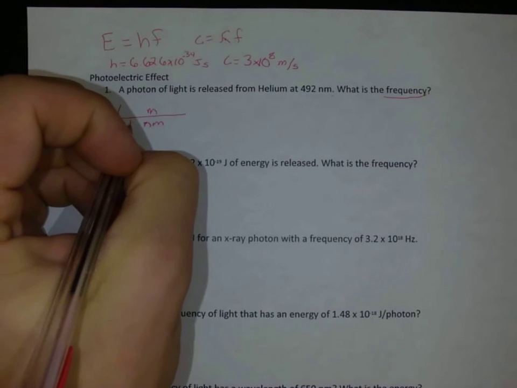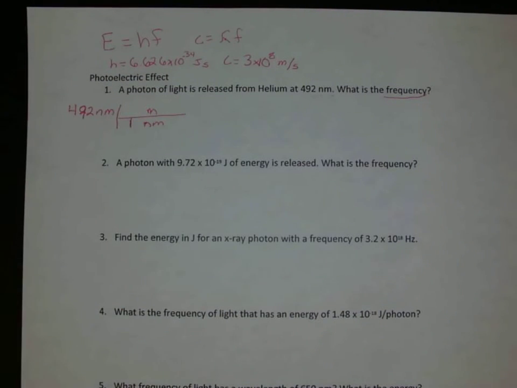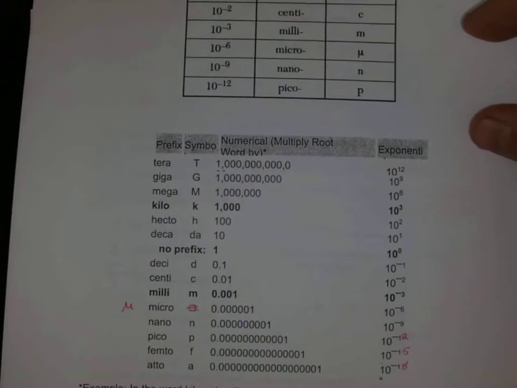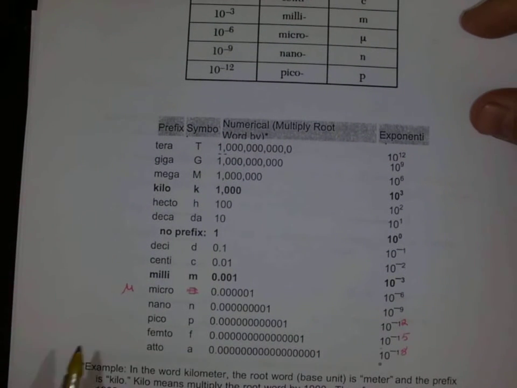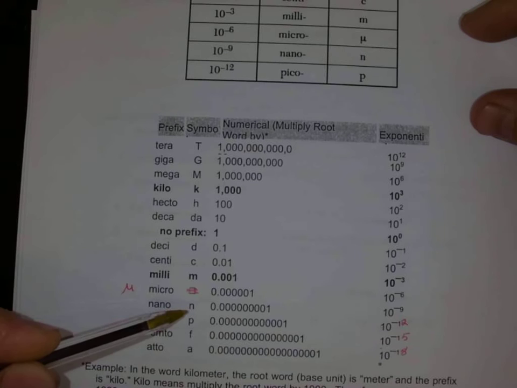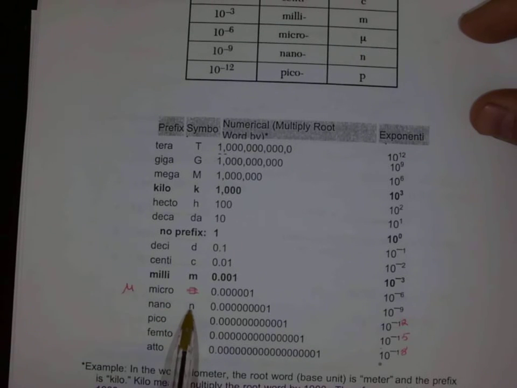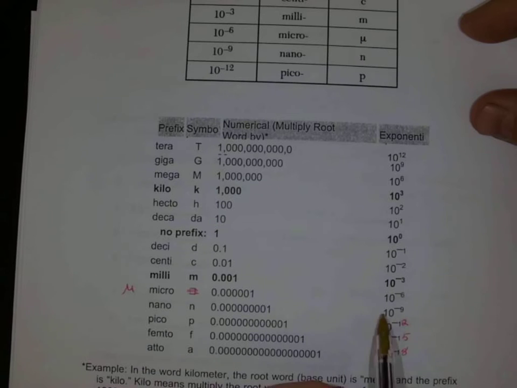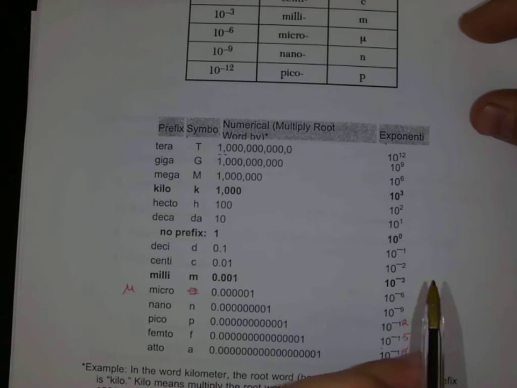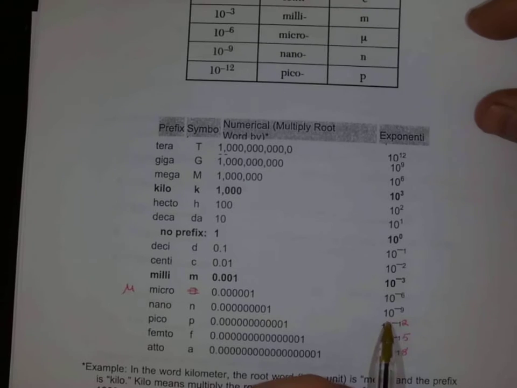But if I go over to my table in my note packet, I can come down here and see nano, there's my prefix, and I want to go to meters. 1 nanometer is 10 to the minus 9th meters. So this exponent is what I can put on there.